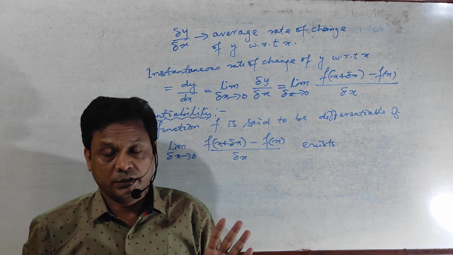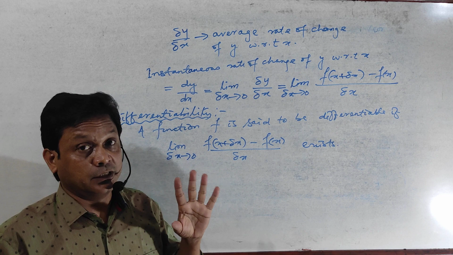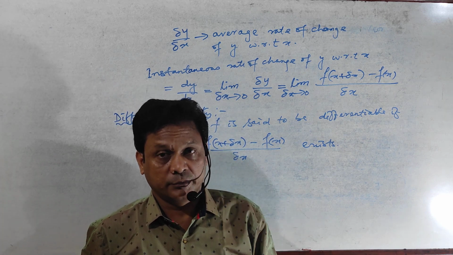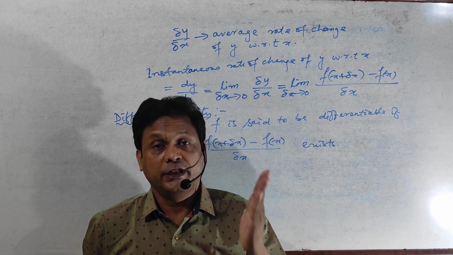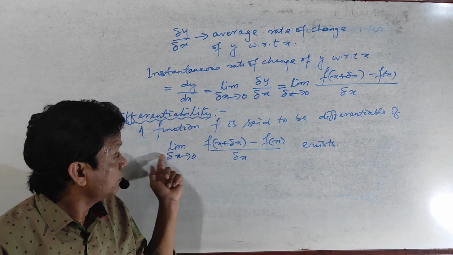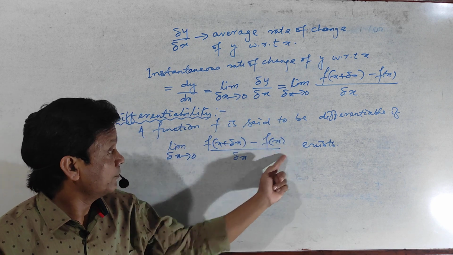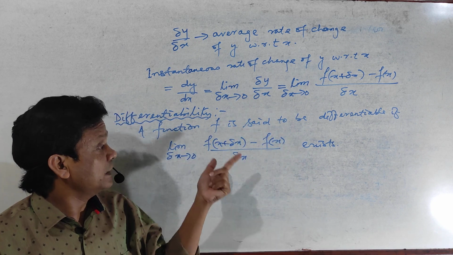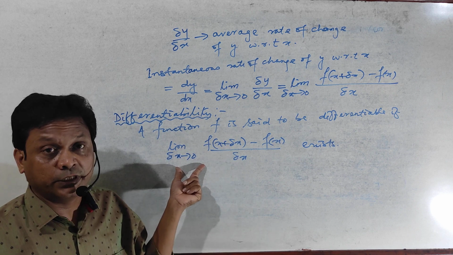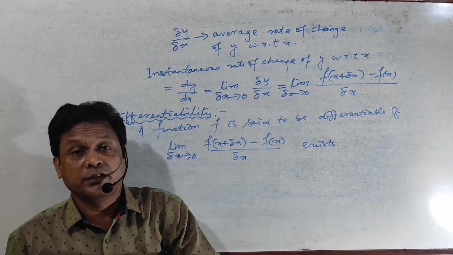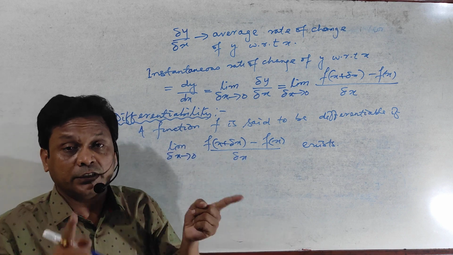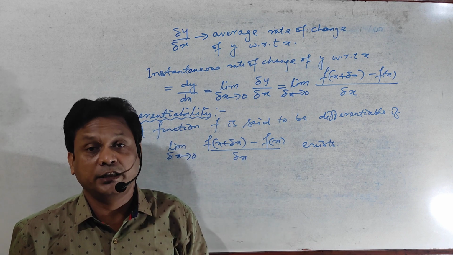Clear? Now see here. This is a limit and nothing else. And already I have told you a limit is said to exist if the left hand limit is equal to the right hand limit. So accordingly, this limit will exist if the left hand limit is equal to the right hand limit. When you take the left hand limit, the corresponding derivative is said to be the left hand derivative. And when you take the right hand limit, the corresponding derivative is said to be the right hand derivative.